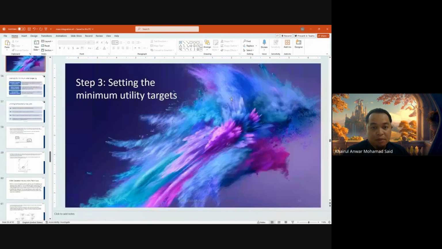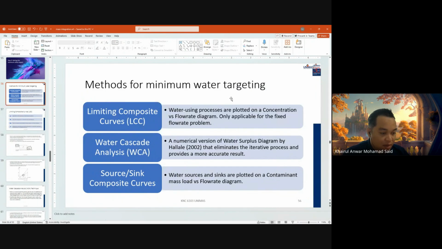So what about the other two? The limiting composite curve is a plot of contaminant load versus concentration, the same method introduced by Wang and Smith in 1994. The strategic use of this LCC is to define the envelope of the process tolerance.